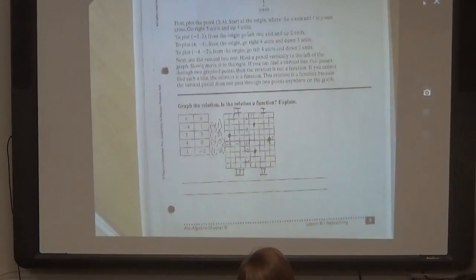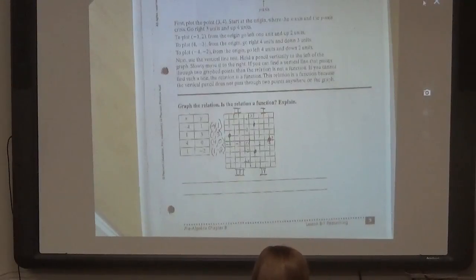Questions on that? So then, is this a function? Is this a function? Jacob? Is this one a function? Why? Because there's a curve on 1.